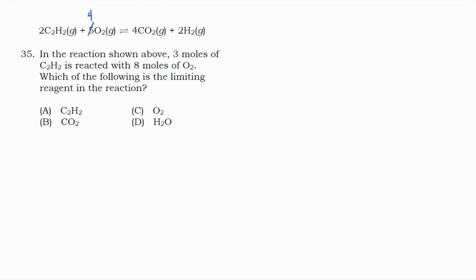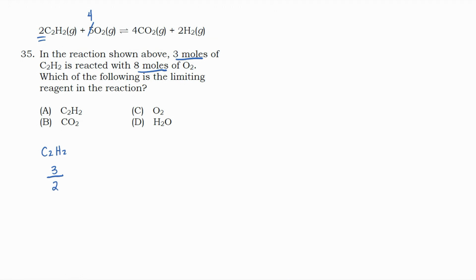And then, an easy way I saw from the Organic Chemistry Tutor, since we're given 3 moles of C2H2 and 8 moles of O2, is to just divide them by their stoichiometric coefficients. So, for C2H2, you have 3 moles over 2, its stoichiometric coefficient.